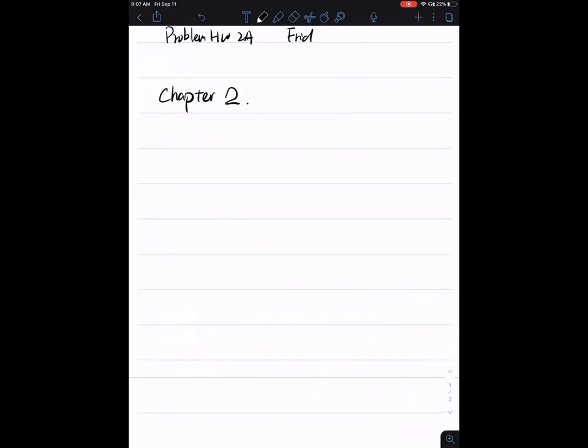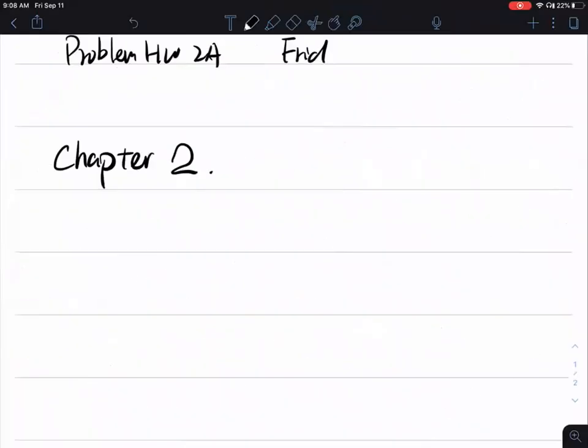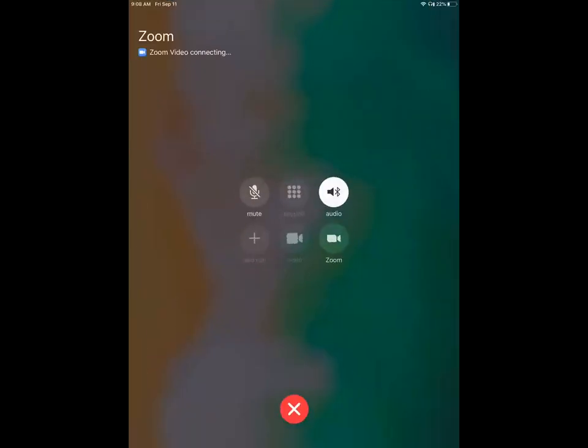So on top of what we learned from chapter 1, in chapter 2, 2 new things come up: angular velocity and angular acceleration. That is unique to rigid body. Could a particle have angular velocity, angular acceleration? Could a particle have that?